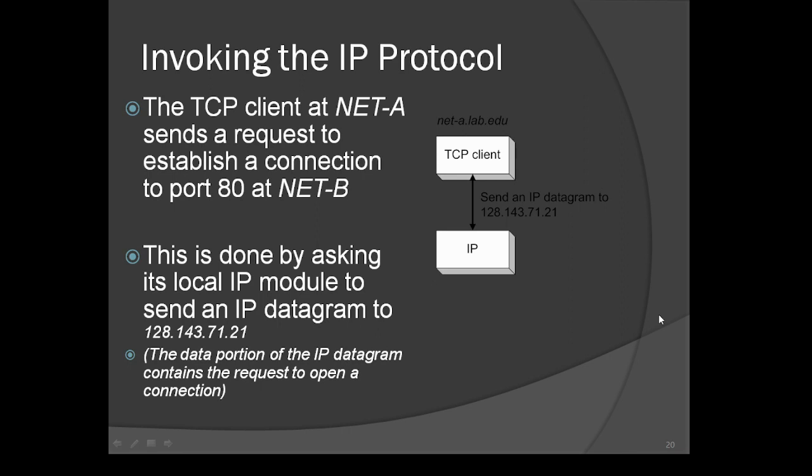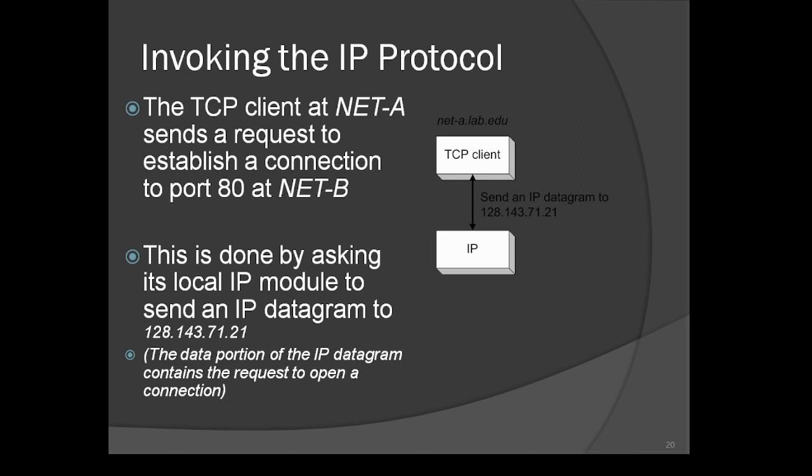Invoking the IP protocol: the TCP/IP client at NetA sends a request to establish a connection to port 80 at NetB. Meaning you have a TCP connection, but this time on port 80 on NetB. After you establish the service, you now establish the destination. This is done by asking its local IP module to send an IP datagram to 128.143.71.21.